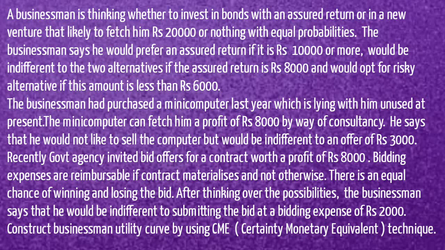Bidding expenses are reimbursable, but only if the contract materializes and not otherwise. There is an equal chance of winning or losing the bid. After thinking over the possibilities, the businessman says that he would be indifferent to submitting a bid at a bidding expense of rupees 2,000. Construct the businessman's utility curve by using the CME technique.